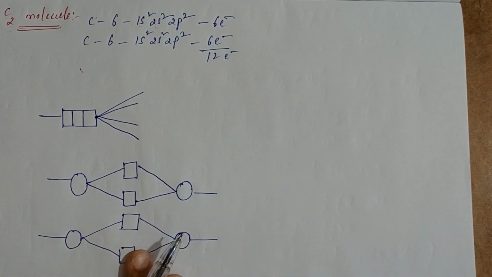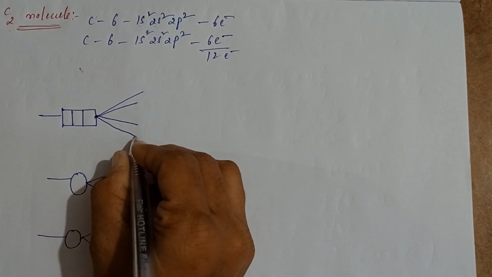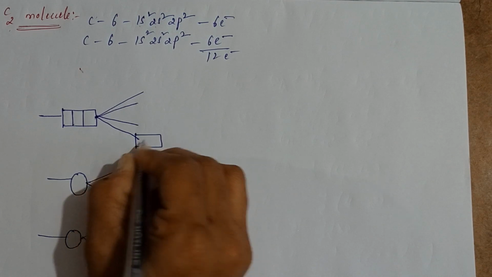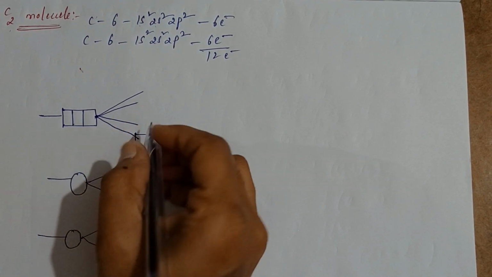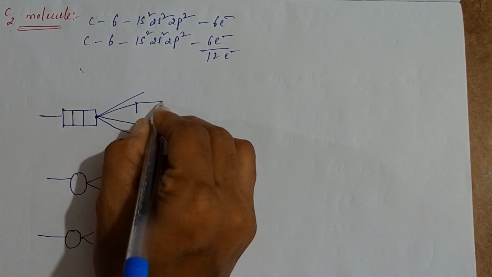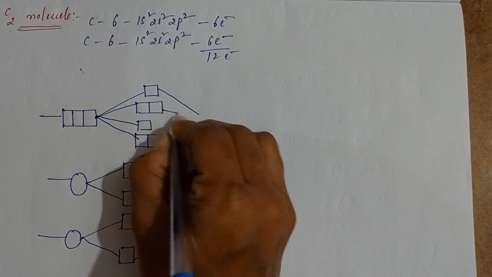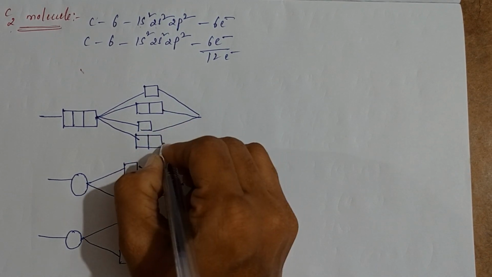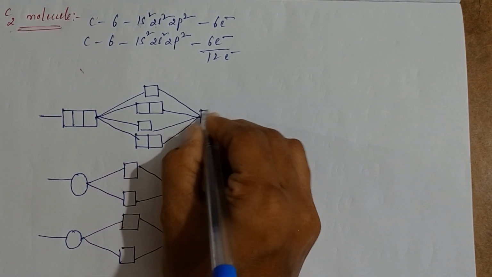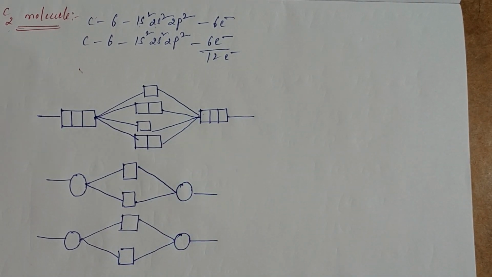Here sigma 1s, sigma star 1s, sigma 2s, sigma star 2s. Now here pi 2py, pi 2pz, so I am taking two orbitals. Here sigma 2px, only one orbital. After that again two boxes, and here one box. Now join like this. Three orbitals. This is the diagram, students.